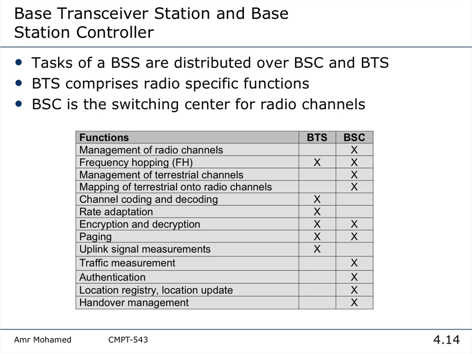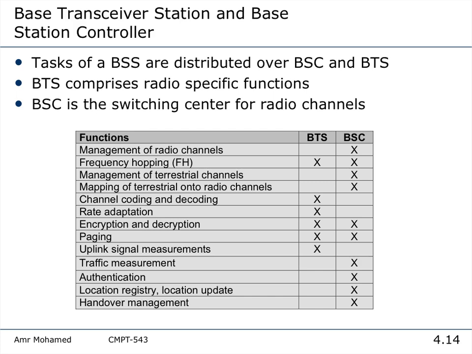These measurements are done by the base station, but reports of these measurements come from multiple base stations to the base station controller. And the base station controller is the one that decides whether there should be a handover or not. Is that clear? We'll also see the details of this and where we trigger the handover.